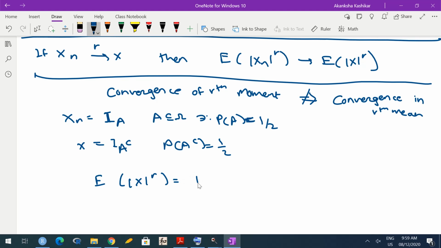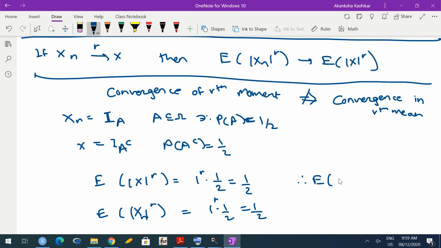So it is 1 raised to r into half, correct? Similarly, Xn also takes only two values, 0 and 1. So this is also 1 raised to r into half, that is half. Therefore, the expectation of mod Xn raised to r converges to the expectation of mod X raised to r. In fact, not just converges, it is actually equal.